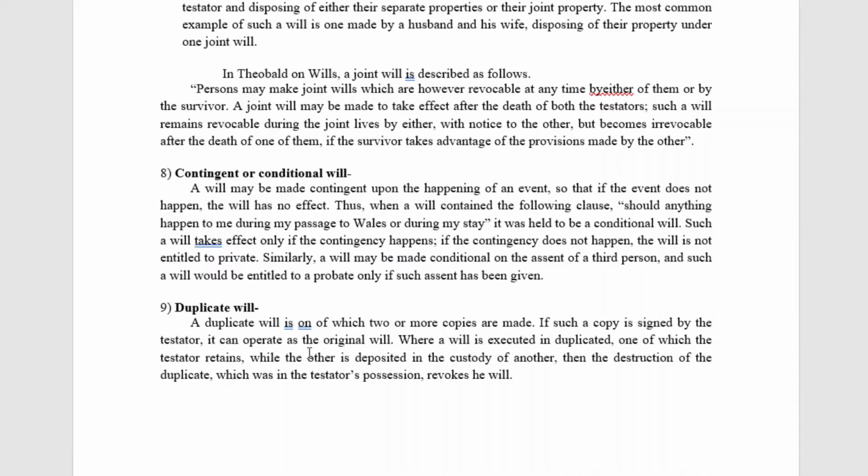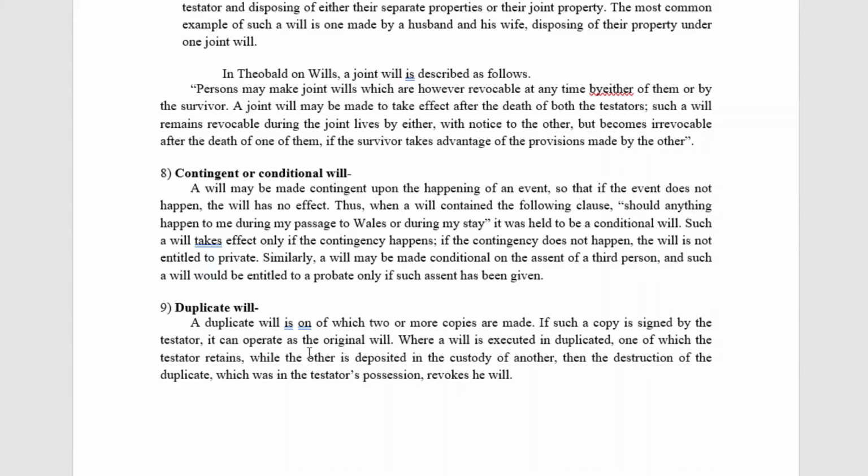One may be kept in the bank locker, and the other may be kept with the testator. If the will under the custody of the testator is lost, then the validity of this duplicate will is not suspected.